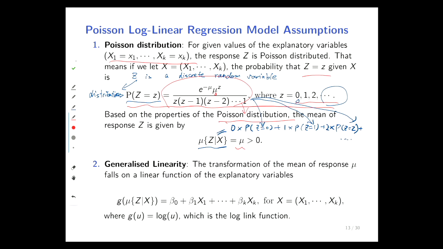So what's mu? Mu is some parameter in the expression of this distribution. Usually for a Poisson distribution, we use Poisson(mu) to represent it, and you can consider mu as the mean parameter of this Poisson distribution. And mu actually has a meaning: it means the mean of the response.